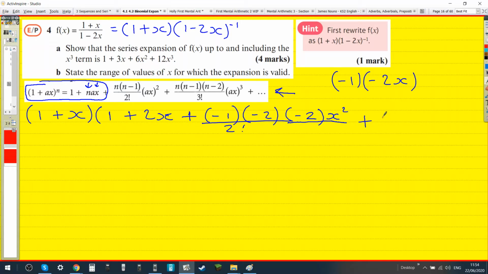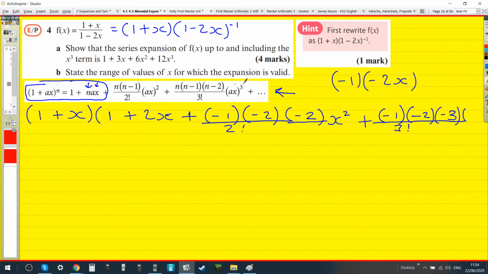And then plus minus 1 times minus 2 times minus 3 over 3 factorial, times is it 2 cubed?